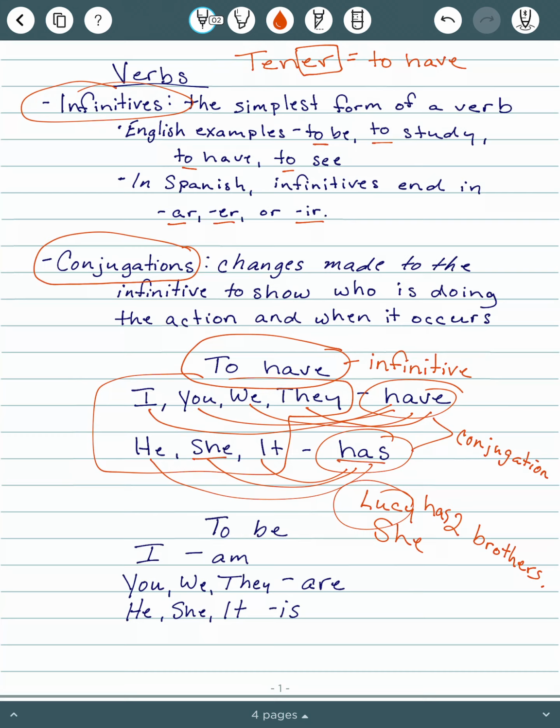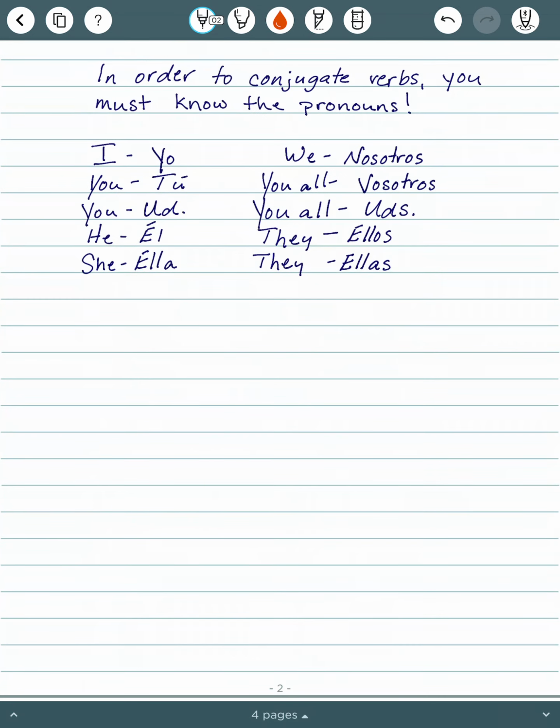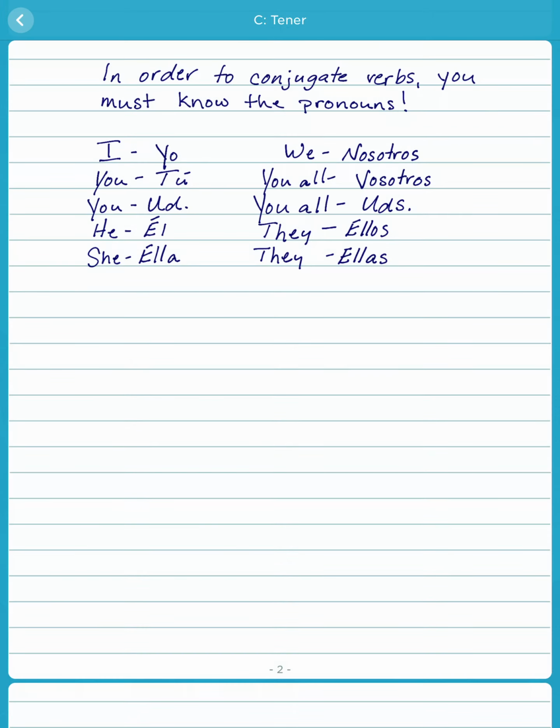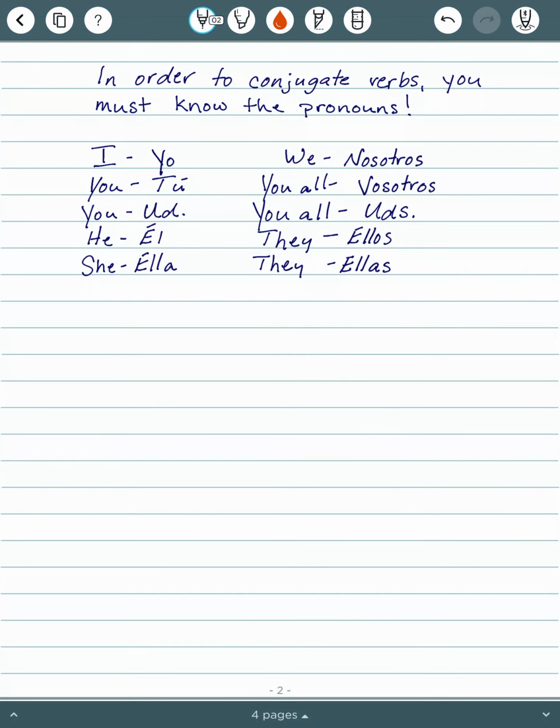Another example of an infinitive and conjugations, to be is an infinitive, and then we have three conjugations, am, are, and is, again depending on who our pronoun is. So in order to conjugate verbs, you must know the pronouns. This is crazy important.